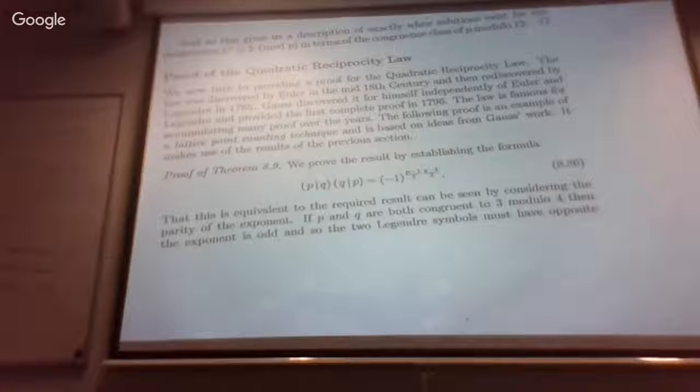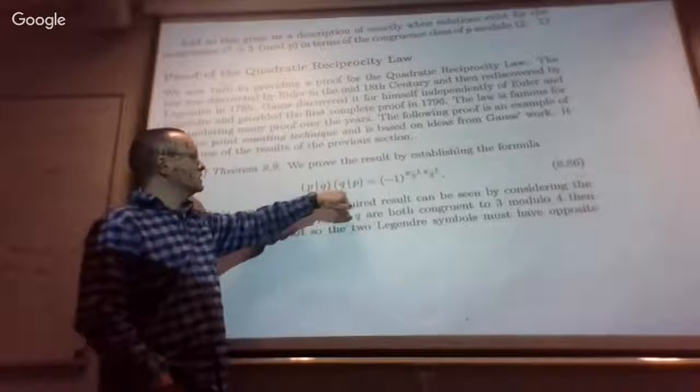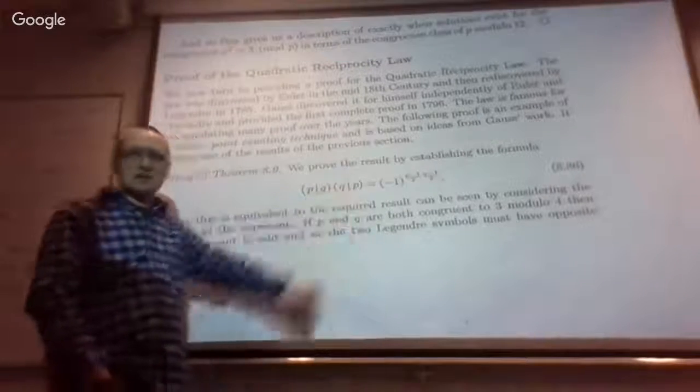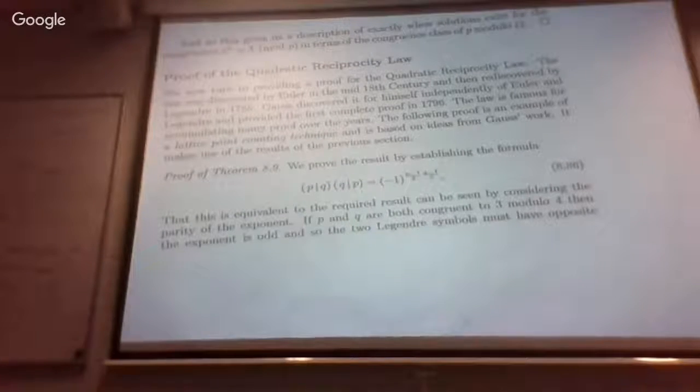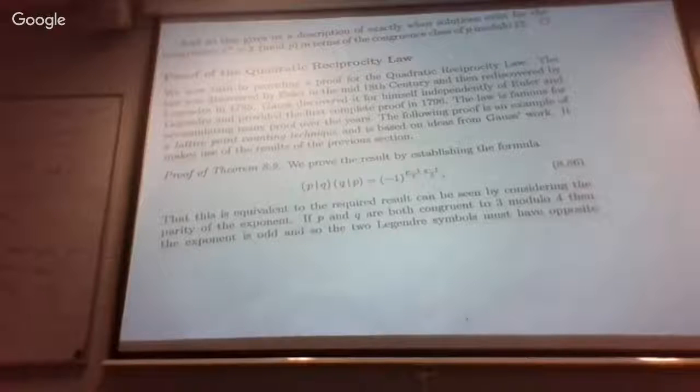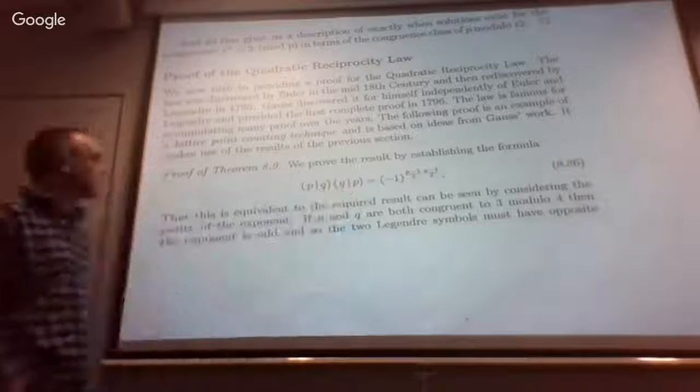So this is stating it in a different way. So this talks about the product of the two Legendre symbols. Take the Legendre symbol from the left and the one from the right, multiplying them together. Now individual Legendre symbols are either plus or minus 1. So the product is going to be plus or minus 1.